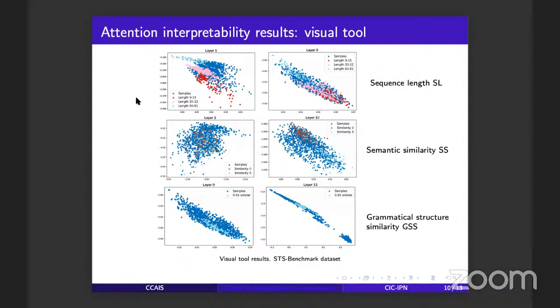In the case of grammatical structure similarity, in all the layers, the samples tend to keep together, but there is more dispersion in some layers than others.